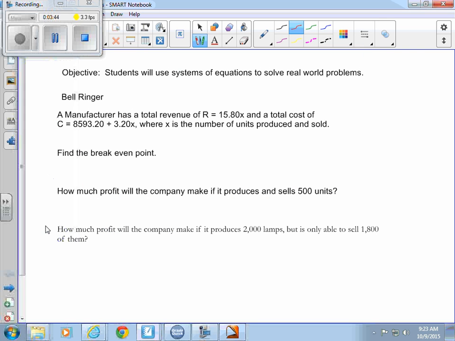So that's the break-even point, right? 682 units, $10,775 and 60 cents. I'll write it down.